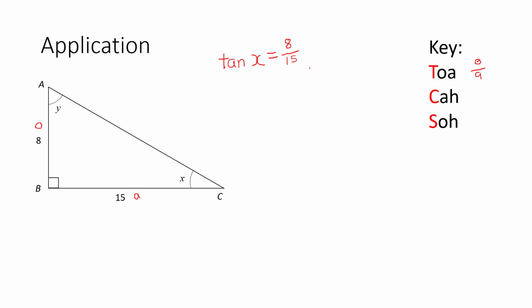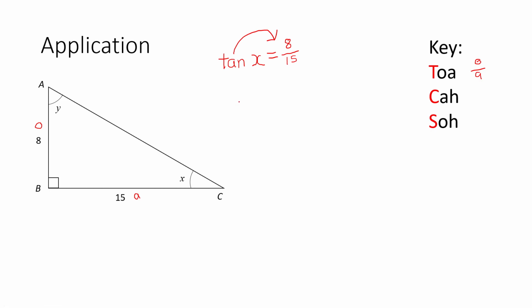8/15. Next, we really want to find what is the degree of X. So in equation, what we like to do is to move the things that we do not want over to the other side. So what we have to do is to move tangent over to the other side.